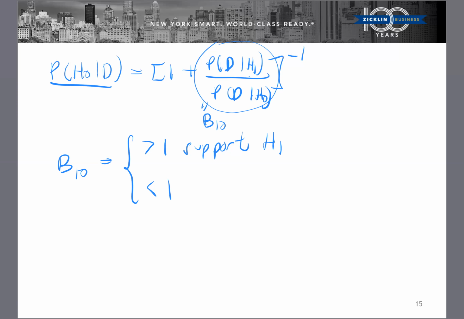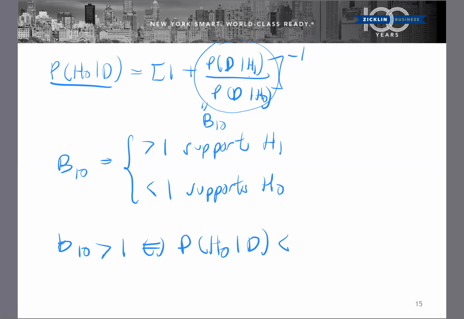Okay, so less than 1 supports H0. Actually, if you do a little bit of math, you can see that this thing greater than 1 is equivalent to saying that P of H0 given the data is less than 1/2.